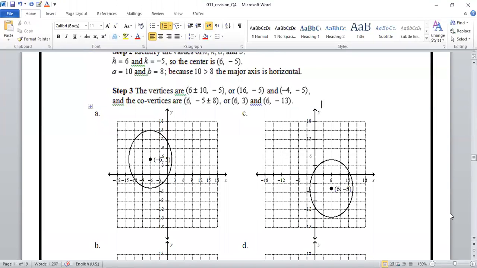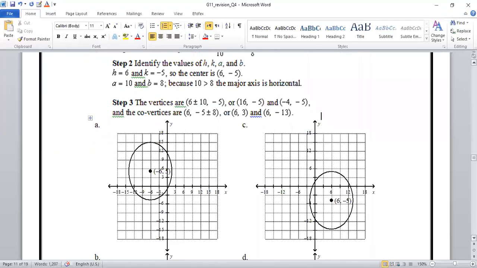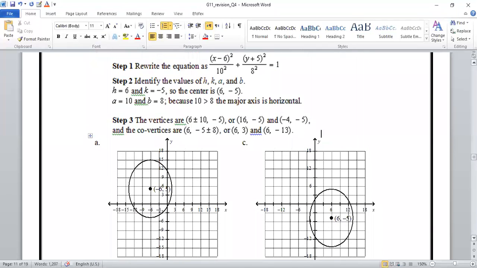Number A and C are rejected because their major axis is parallel to the y-axis. B and D, one of them is true because the major axis is parallel to the x-axis. We know that the distance from the center to the vertex equals 10.